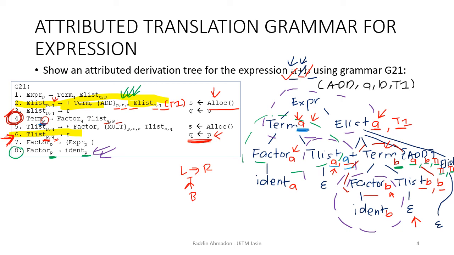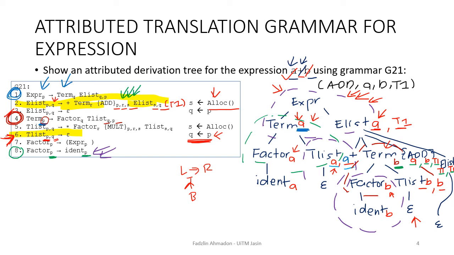And finally, we can move up one level to this branch and this rule. So this rule is actually rule number 1. So let's look at rule number 1 at grammar 21.